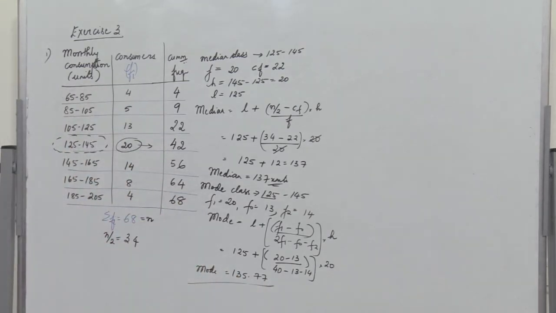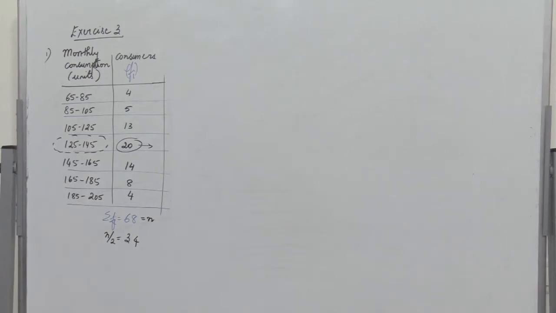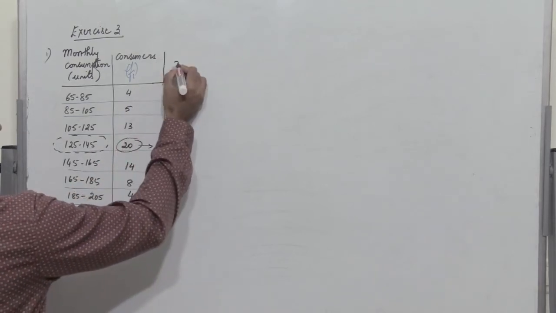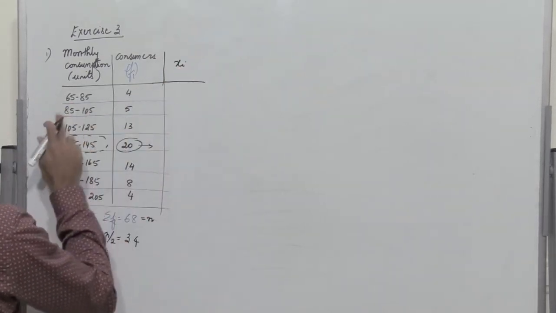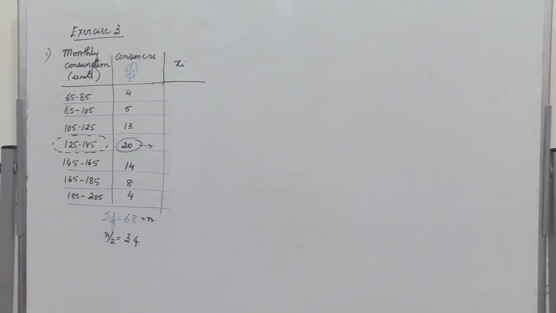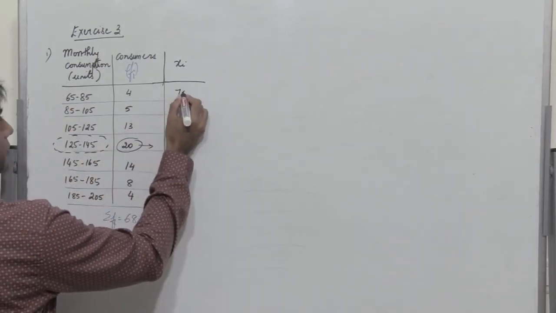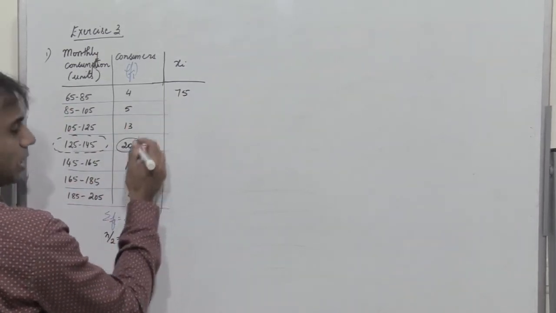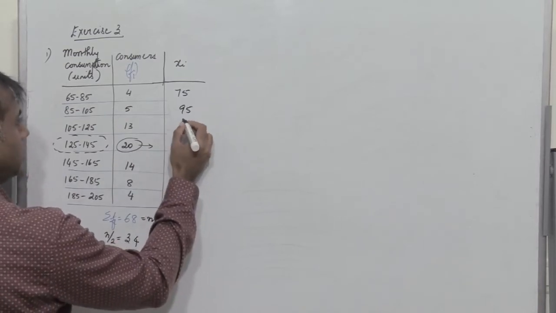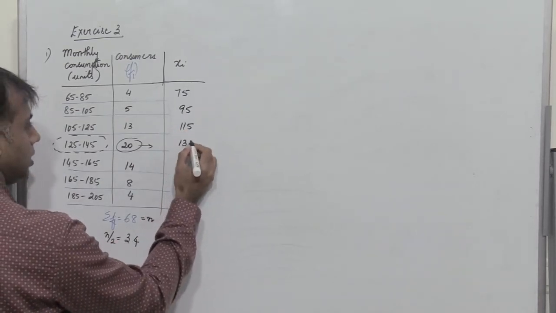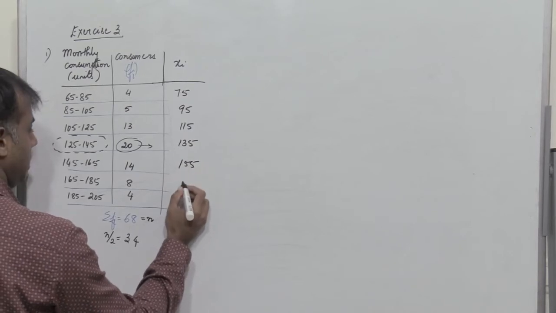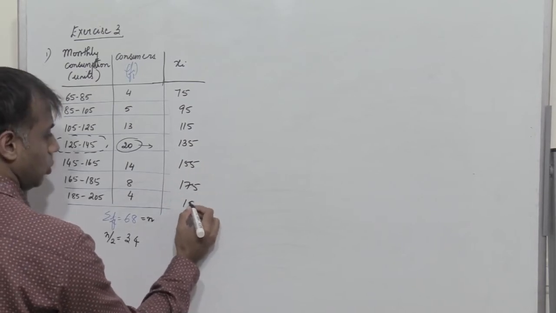So next we need to find the mean. To find the mean, let me find xi. xi is the mid value of the class. So here we have 75, and then I add 20, so I get 95, 115, 135, 155, 175 and 195.